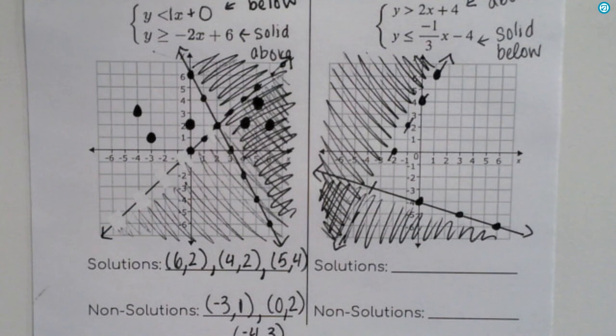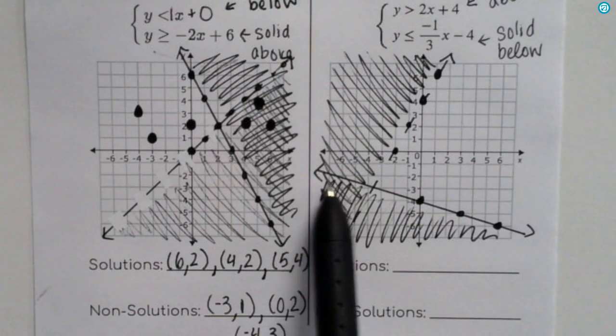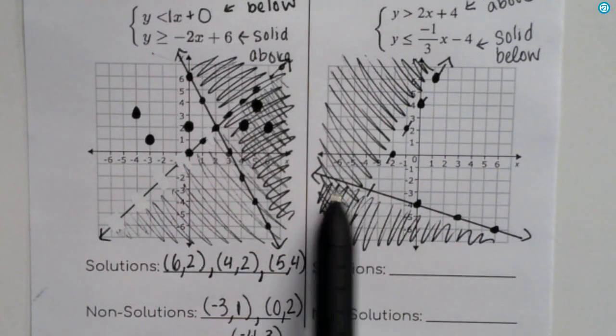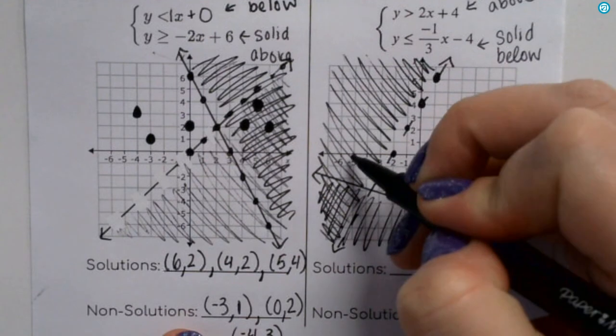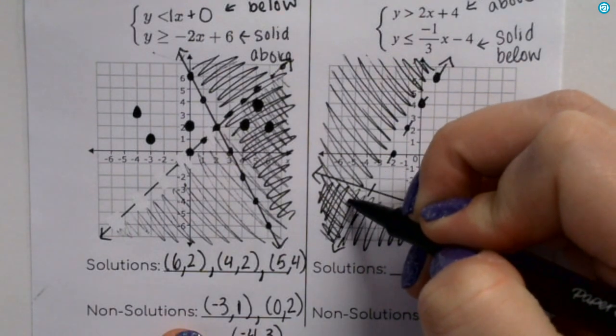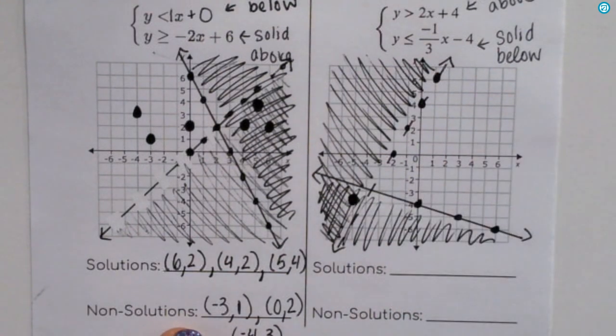My double shaded area in this one is just this little teeny tiny triangle here. That's plenty of space for us to find 3 points. So finding 3 points, I can do -5, -4, looks like it's in there.